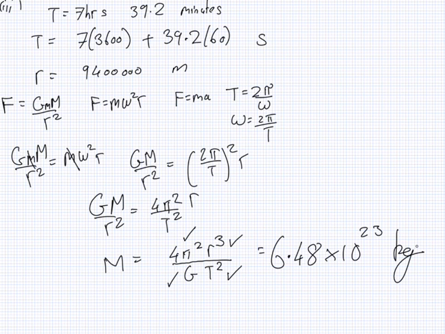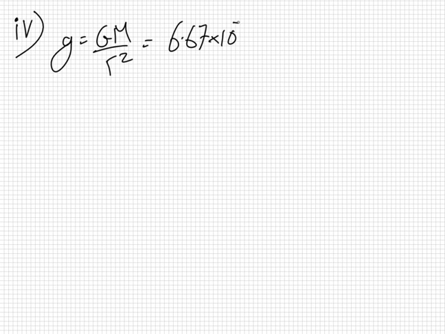So try that next. So now you have gravitational field strength is GM over R squared, which is 6.67 times 10 to the minus 11. What was my mass previously?